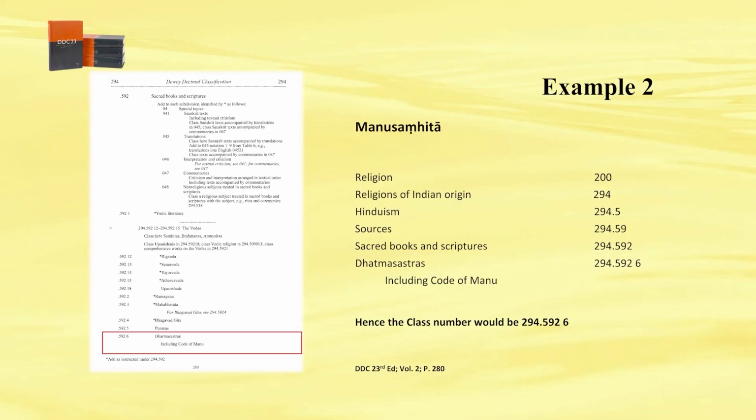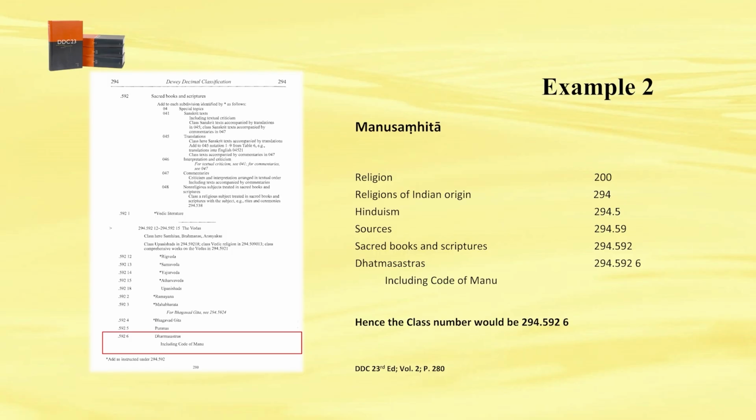The Manu Samhita is actually a sacred book. So we have to find the number of sacred books under Hinduism. If you scroll down or browse the Dewey Decimal Classification, you will get it under 294.592, which is for sacred books and scripture. Under it, there is 294.5926, that is Dharma Shastra. There is a class-here note which tells us including Code of Manu.